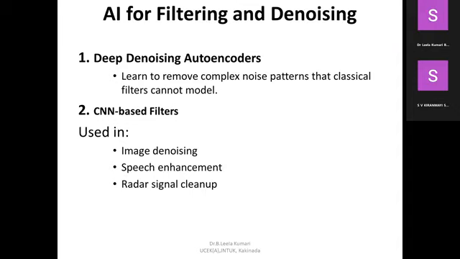GAN-based denoising produces highly realistic clean signals and is useful in satellite communications and medical imaging. And AI-driven adaptive filters can update in real time without needing explicit mathematical models. That is the ultimate thing in AI-based adaptive filters.